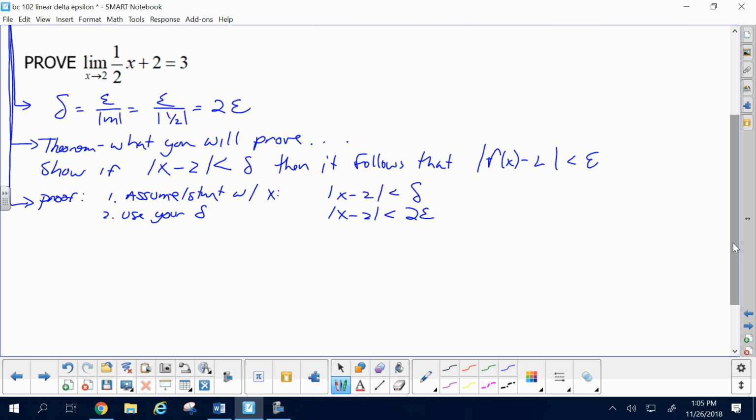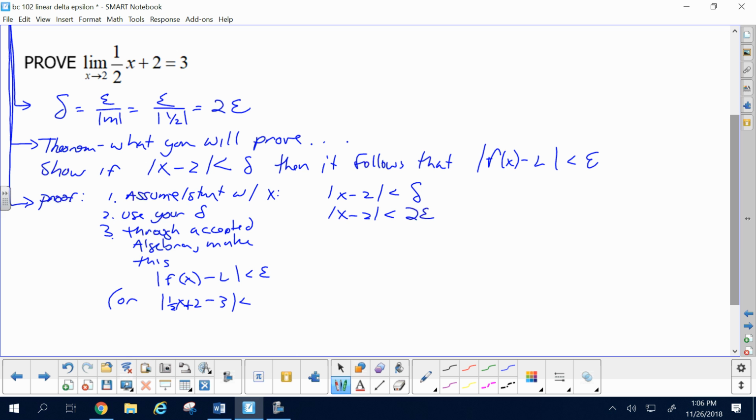Now you want to, through accepted algebra, make this f of x minus L is less than epsilon. Or in this case, we need to get to changing this to 1/2 x plus 2 minus 3 is less than epsilon.